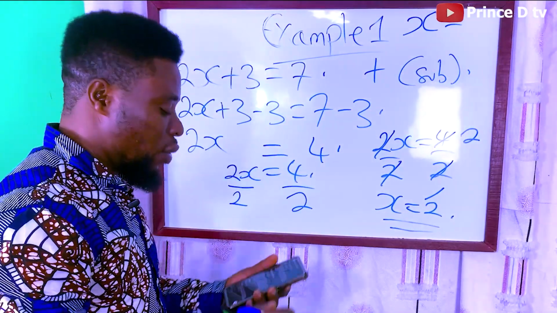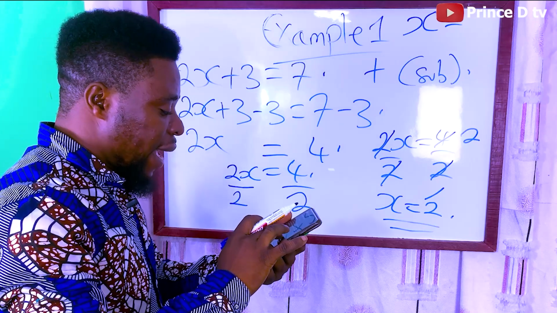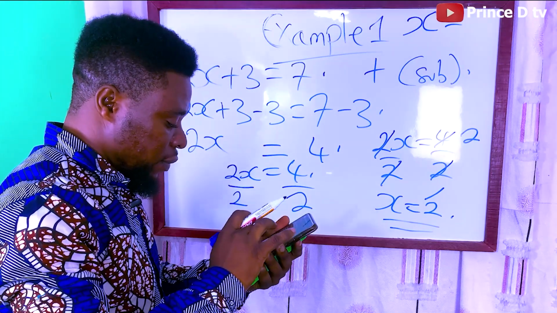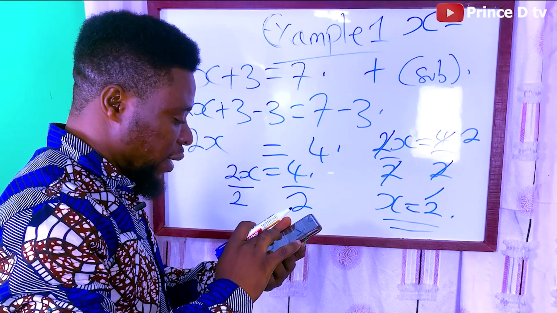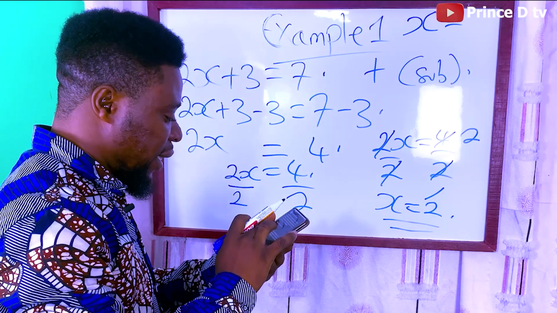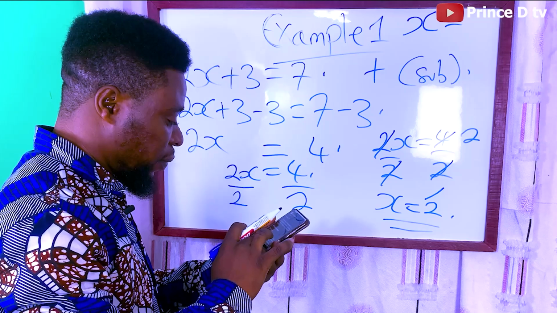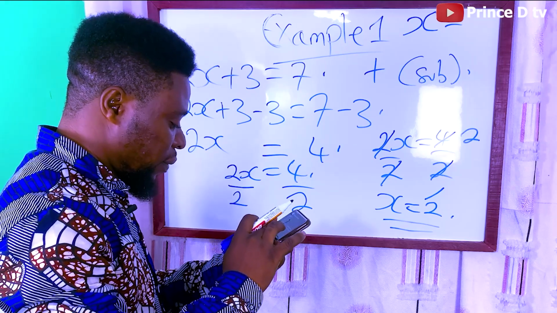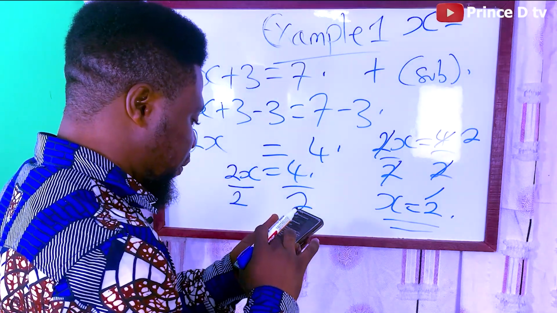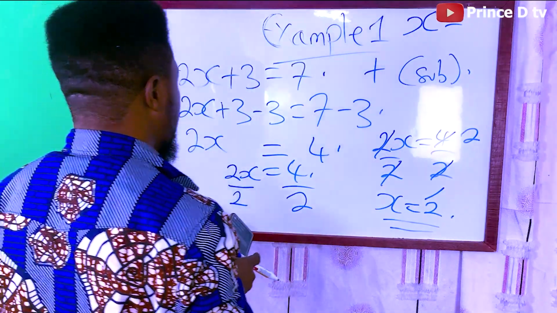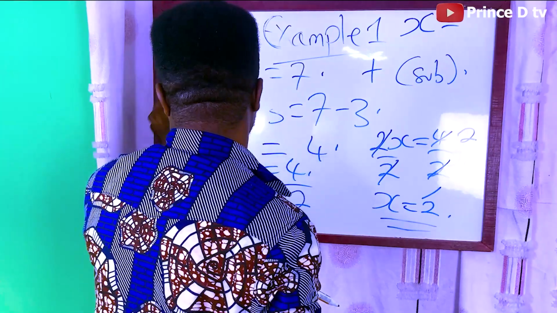So let's look at another example whereby the other constant is negative. So we now have a second example, example 2.